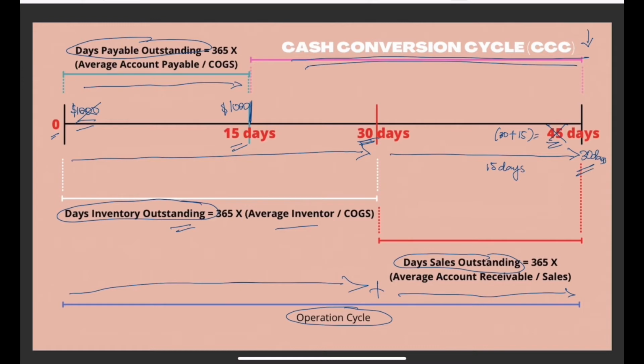And there are two ways of improving the cash conversion cycle. Either you decrease your operating cycle by decreasing your days inventory outstanding or days sales outstanding, or you increase your days payable outstanding. In this way, the time between paying your suppliers and getting back your money will be less. Your cash conversion cycle will be lower.